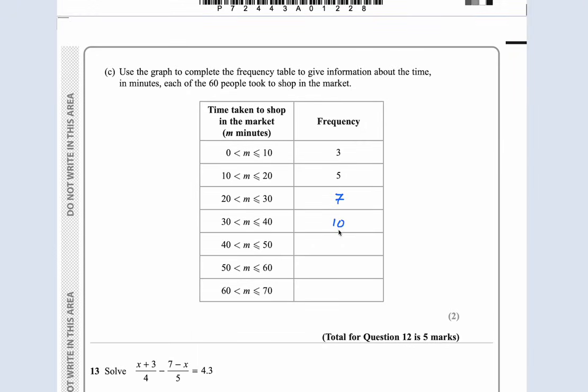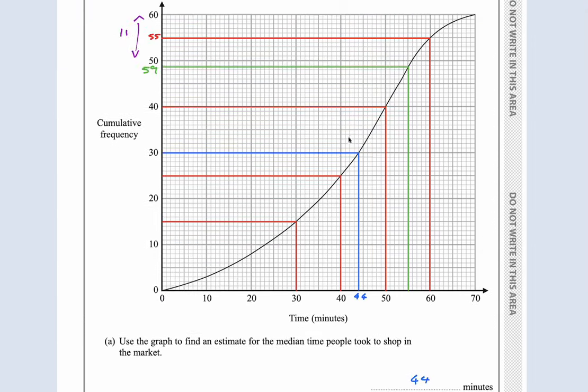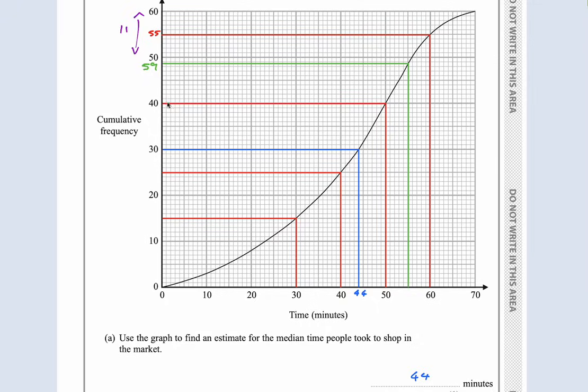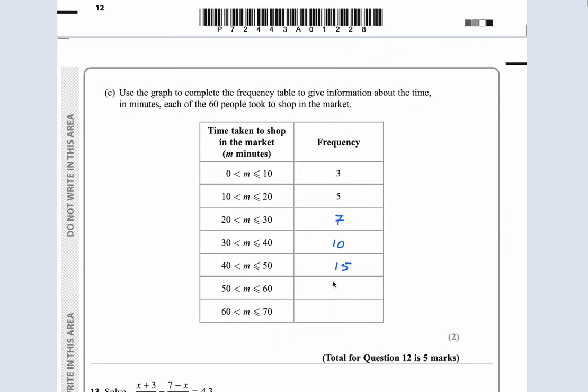So these need to add up to 40. So I have 15 here, because now 25, 30, 35, 40. So these all add up to 40. This is 55, so I need another 15 to get me to 55. And finally, there's 60 people, so I need 5 more to get to 60.